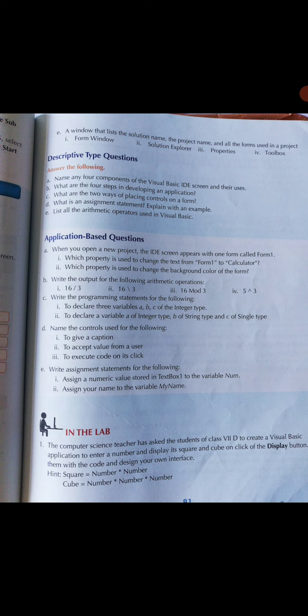In the answers to the following, you see number C. Answer, you write: The two ways of placing controls on a form are. Give a hyphen.